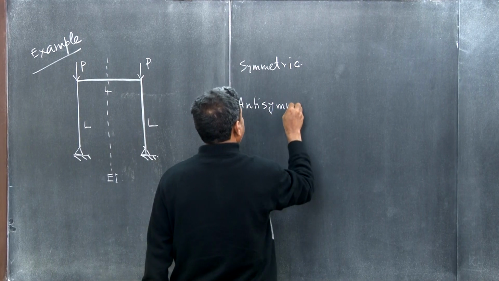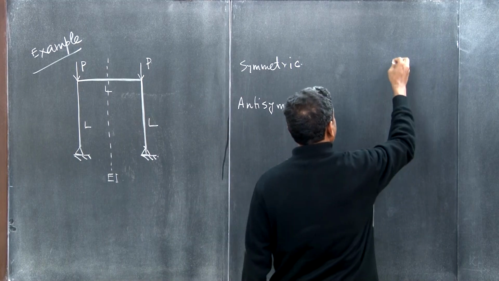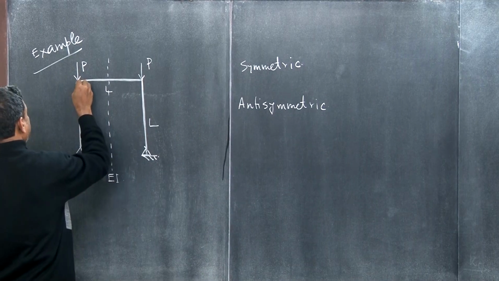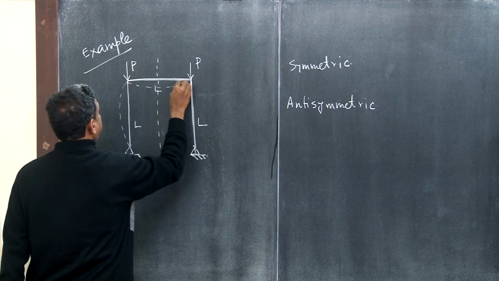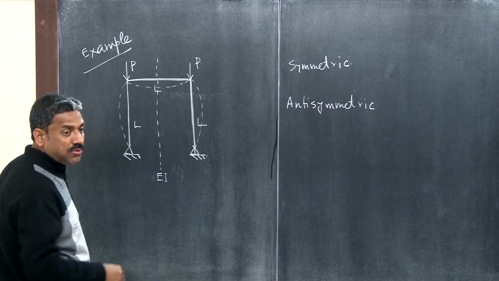If we consider the symmetric mode, when it is buckling under a symmetric mode, what is going to happen? This will deform like this, right? This is the way it will deform.